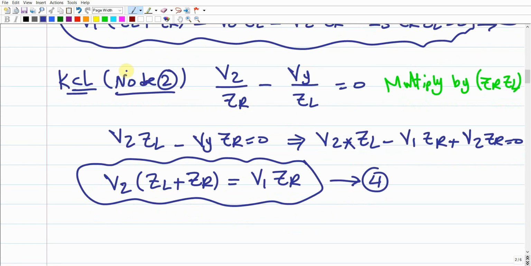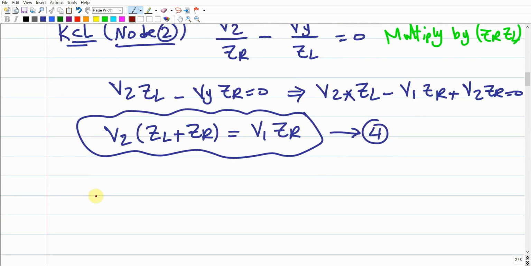So we can start from equation 4. We can come up with V2 equals, or we can start with V1, it's up to you.